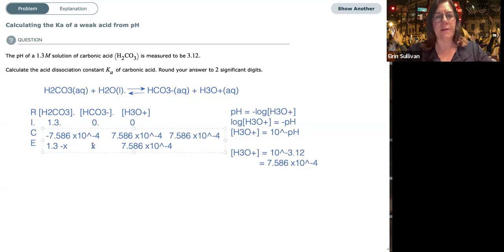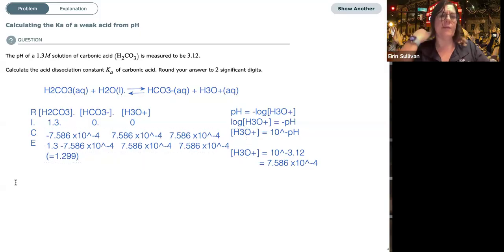Then I can fill out my equilibrium concentration of my bicarbonate, and 1.3 minus 7.586 times 10 to the minus 4 for my equilibrium concentration of my weak acid. Of course, I can then go ahead and work out what that would be to make life easier on myself. So just as an FYI, if I calculate that, that will be 1.299.